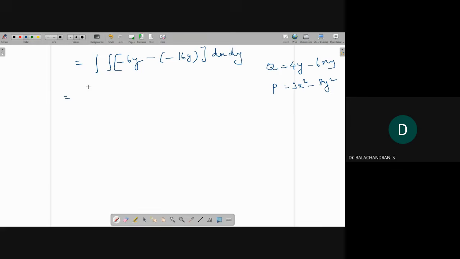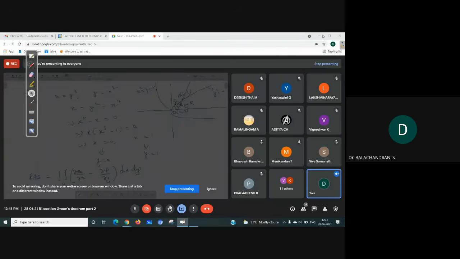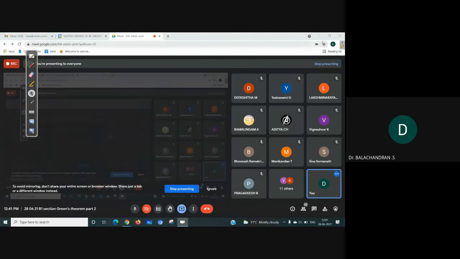So now we need to find the limits. Limits for x. Ajit Kumar is here. Okay, Shiva Somnath, Vignesh.